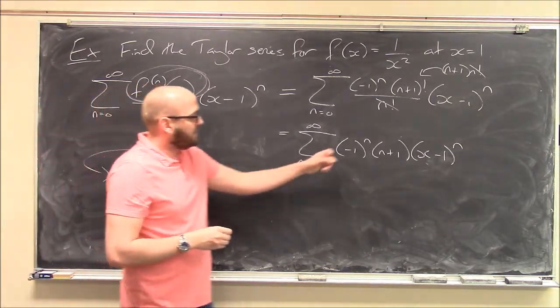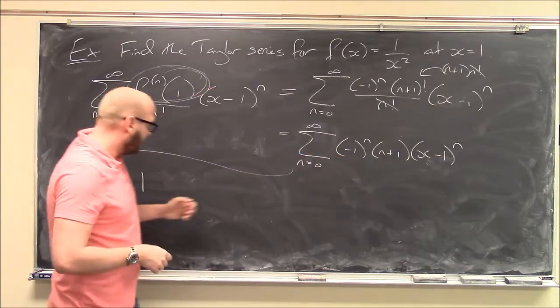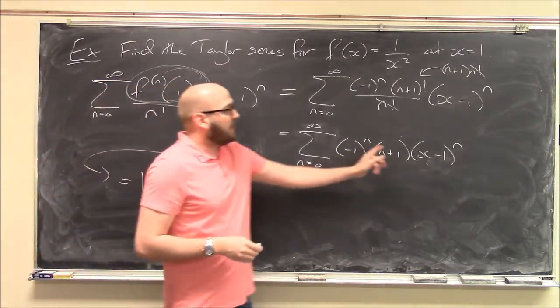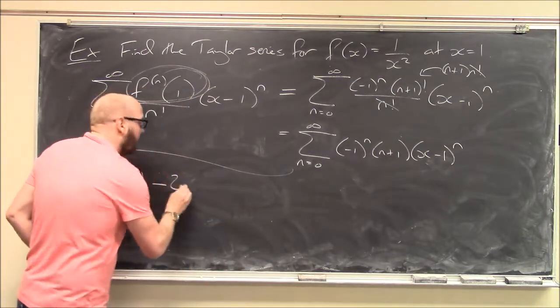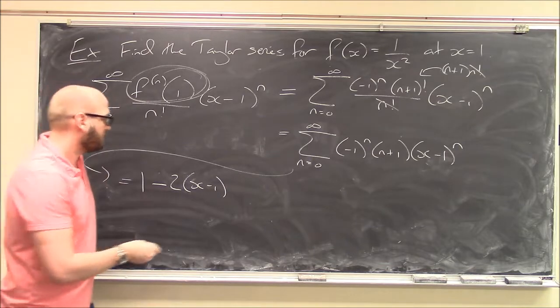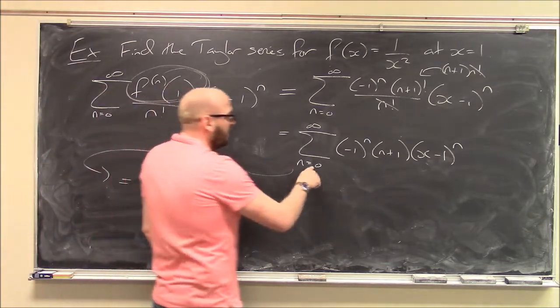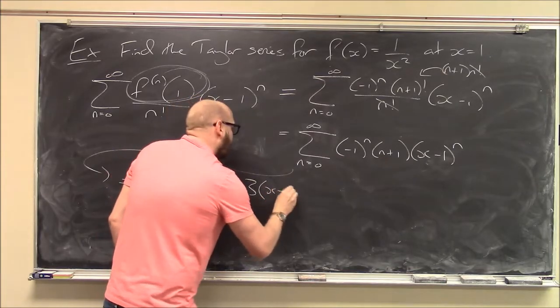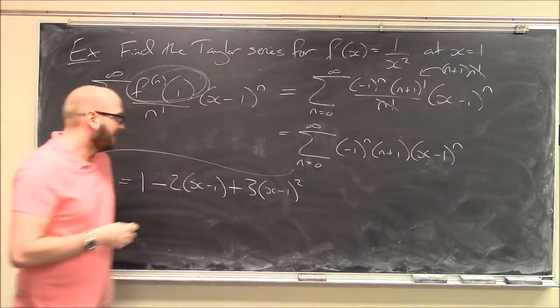I'm not going to worry about the minus 1 to the n anymore. I'm just going to remember that that causes me to alternate signs. So now I'm looking at minus, n equals 1, I've got 2 times x minus 1. And then I go plus, n is 2, we have 3 times x minus 1 squared.